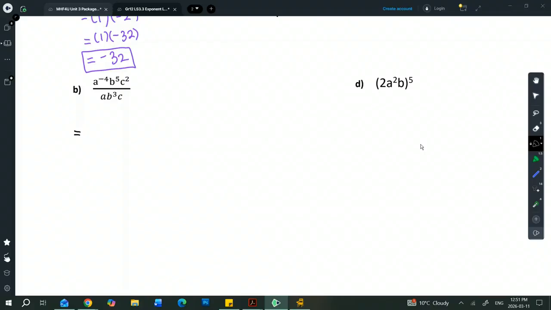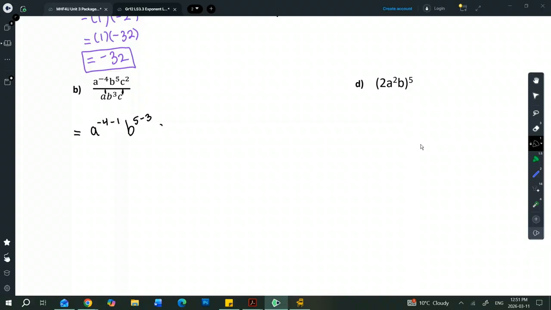So, a to the -4 minus 1, because this one has an exponent of 1. C also has an exponent of 1 on the bottom. And then B, 5 minus 3. So we've top minus bottom, right?